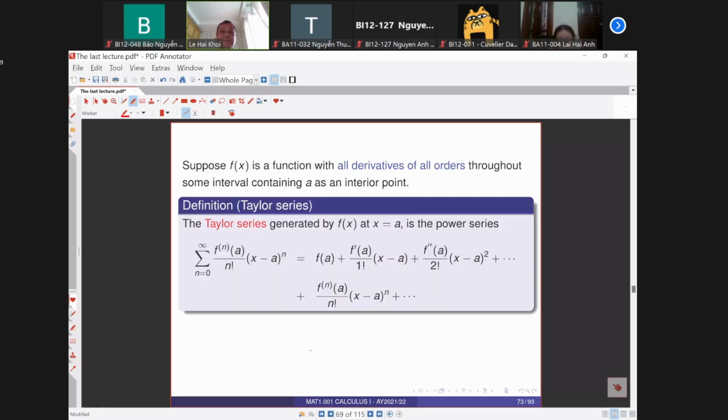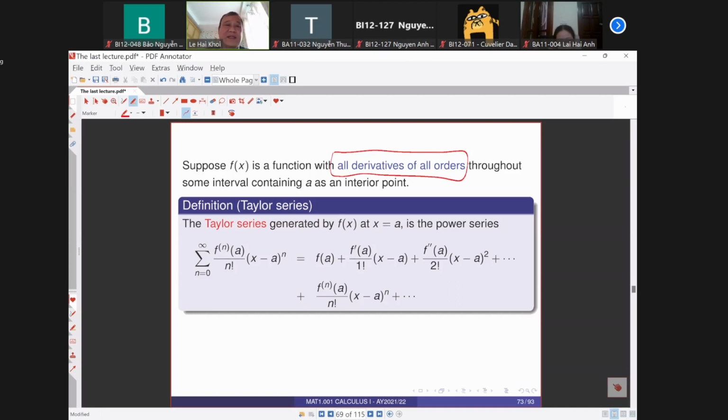Okay. From that, we have a new definition which plays a very important role in what follows. Suppose f has derivatives of every order.